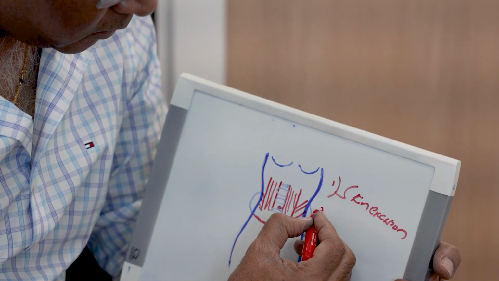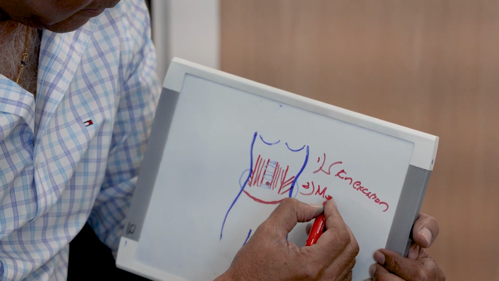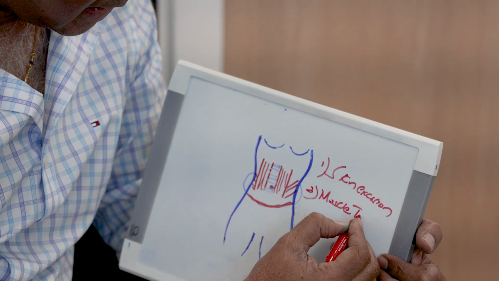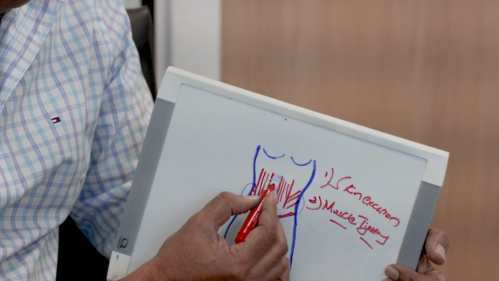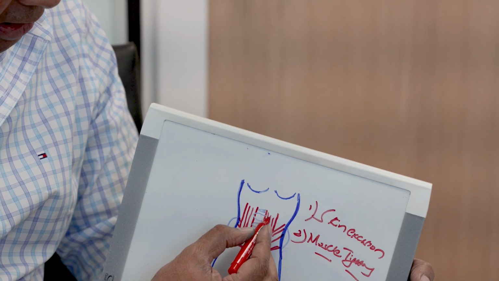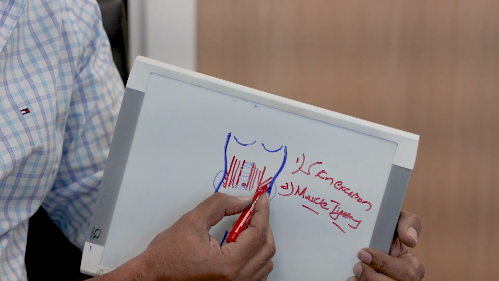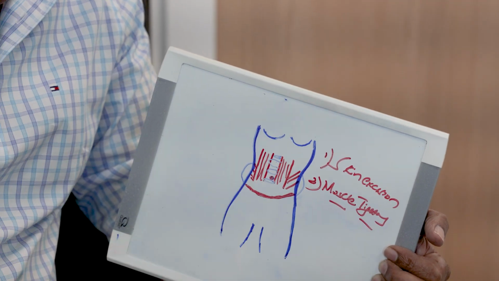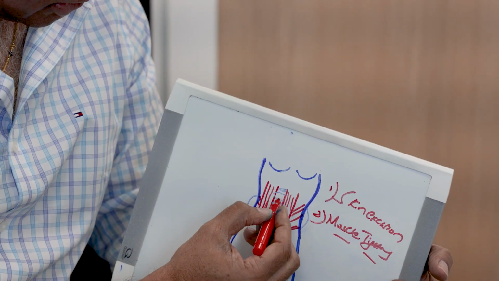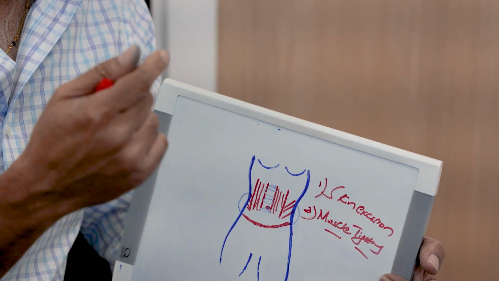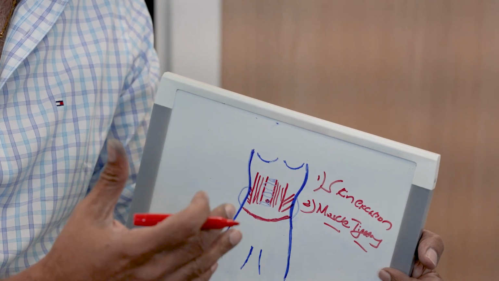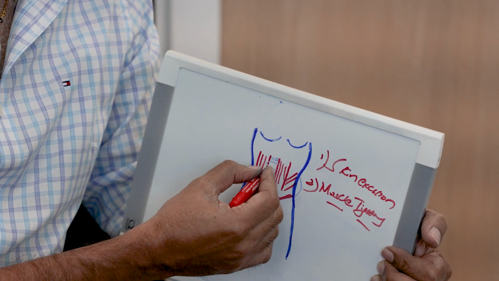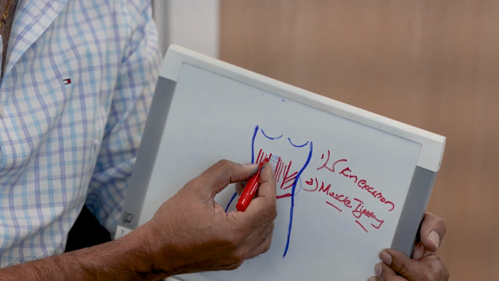Number two is muscle tightening. So this muscle in the center, this is the six-pack muscle, this is the other six-pack muscle. These are the oblique muscles on the side, the front and the side. So with pregnancy or with surgery in the past, or a lot of intra-abdominal fat or weakness for various reasons, aging, the central part can separate because there's no muscle in the middle right here.